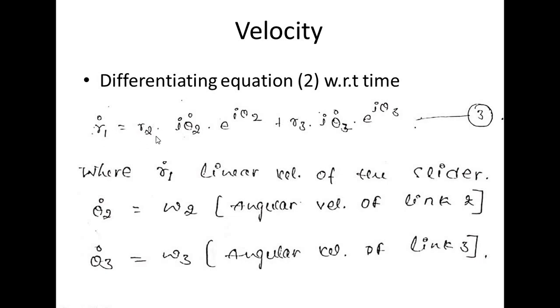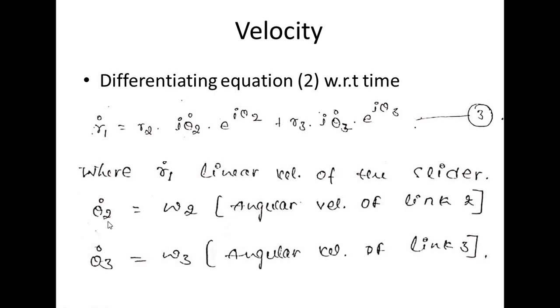r2 is constant, which is the crank length, and r3 is the connecting rod length. We know that theta 2 dot is nothing but d theta 2 divided by dt. Differentiation of the angular position gives angular velocity.